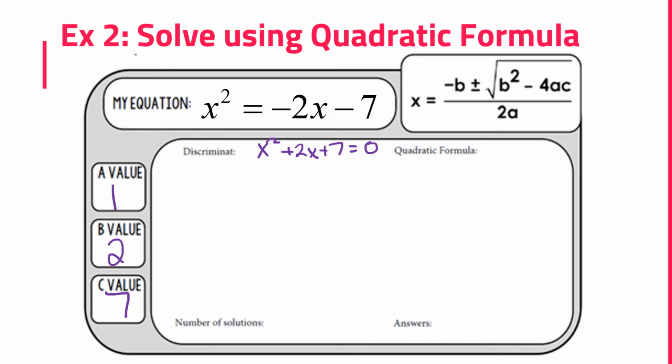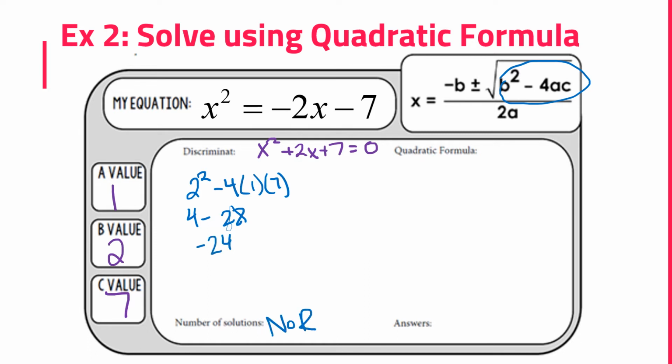Let's start off by working on the discriminant, meaning the radicand. So b squared would be 2 squared minus 4 times a times c. If I simplify that, I've got 4 minus 28, which gets me to negative 24. So that means there are no real solutions because I have a negative, and that's going to create imaginary, right?